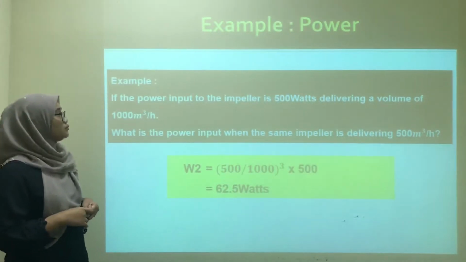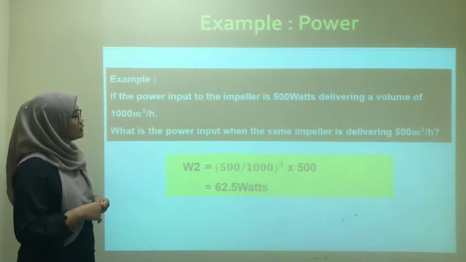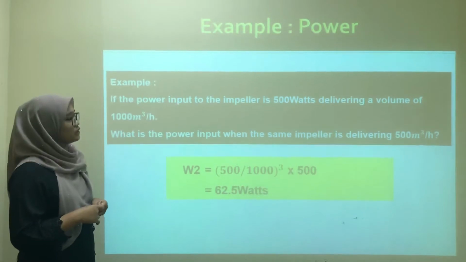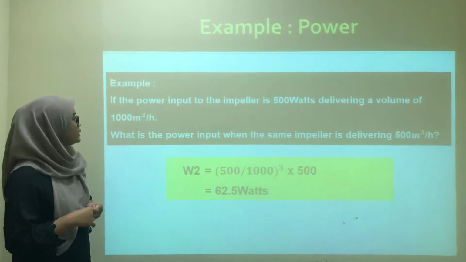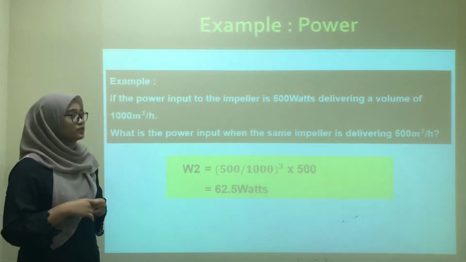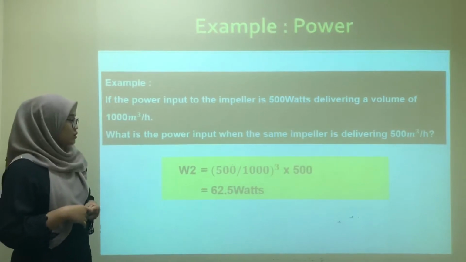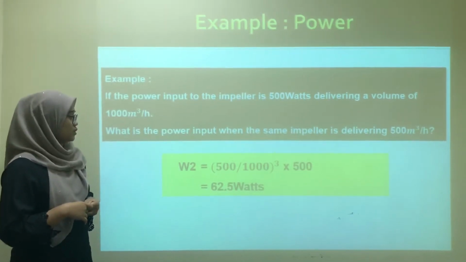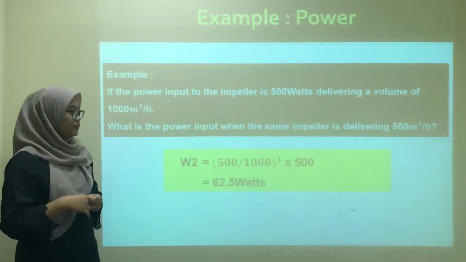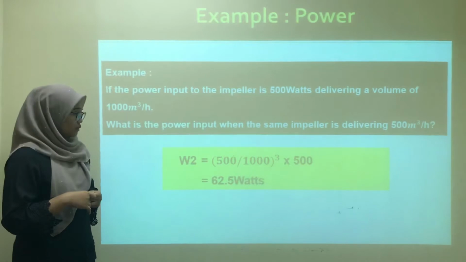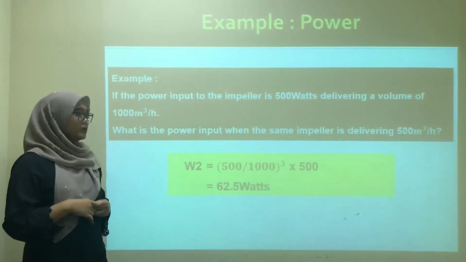For the example for power, the question is: if the power input to the impeller is 500 watt delivering a volume of 1000 meter cube per hour, what is the power input when the same impeller is delivering 500 meter cube per hour? W2 equals 500 divided by 1000 cubed times 500, which is 62.5 watts.